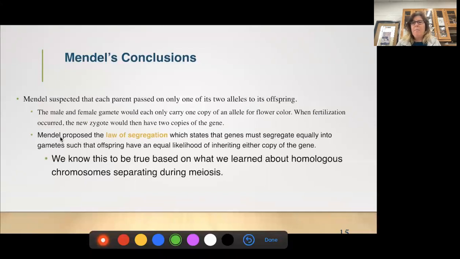So our zygote is back to being diploid. Mendel proposed what we call the law of segregation, which basically means that those homologous chromosomes separate during gamete formation. And this is basically the technical word for that divorce. We're segregating, we're moving apart our homologous chromosomes.